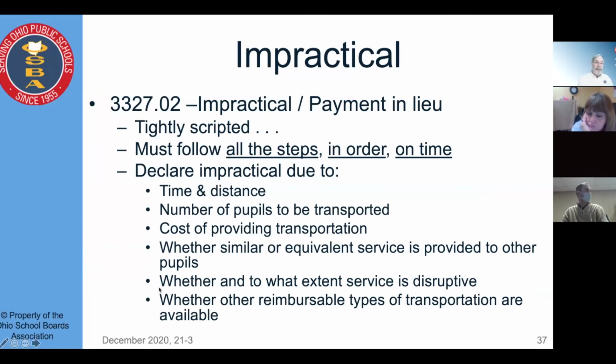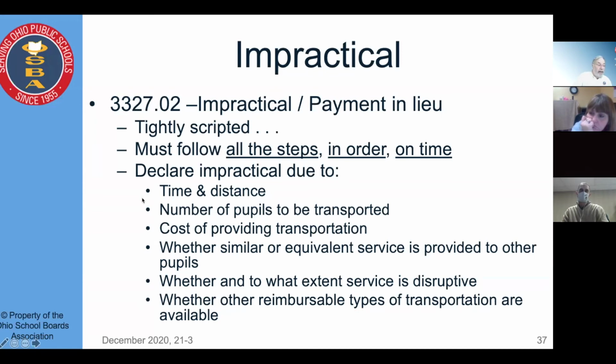In other words, if someone else picks the same bell time as yours and they're 20 minutes outside of the district, are you required to take all your buses off your elementary routes just to serve that building? That most certainly is disruptive, and so we would look at that. And then finally, whether there are other reimbursable types of transportation available. At the end of the day, all of these really boil down to cost.